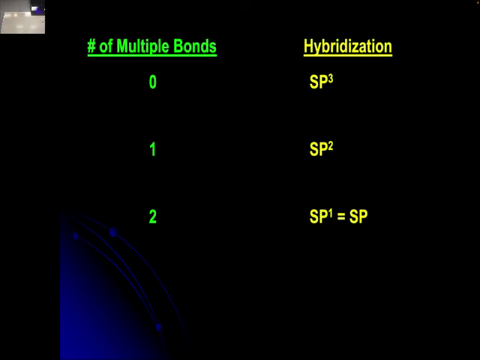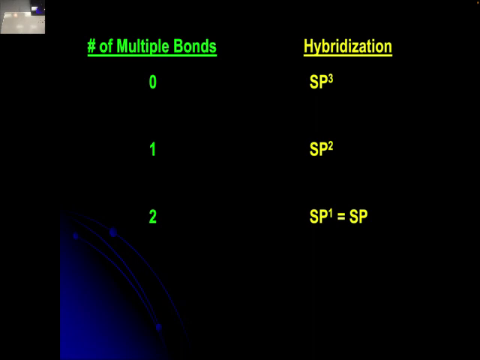Notice on the number of multiple bonds side of the table, it's 0, 1, 2. And on the hybridization side, it goes sp3, sp2, sp1, which is sp. Notice it goes 3, 2, 1. So 0, 1, 2, and 3, 2, 1. You can figure it out.